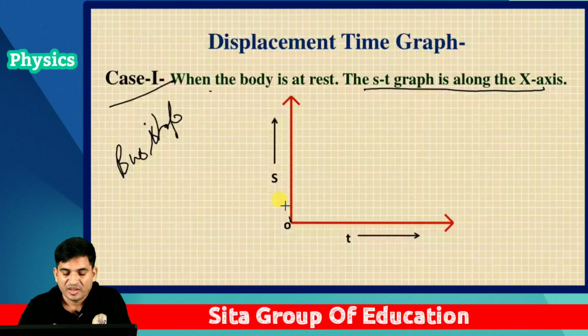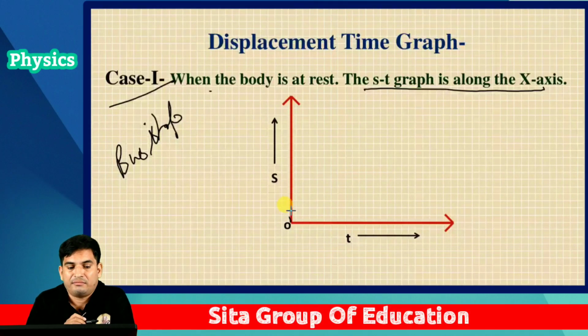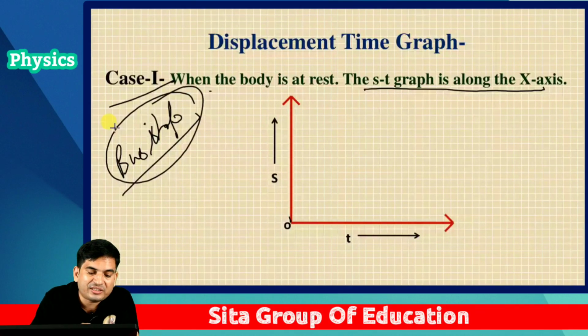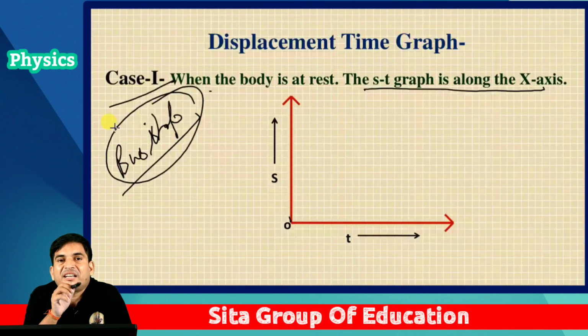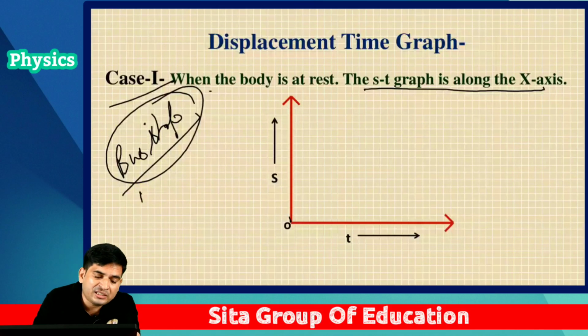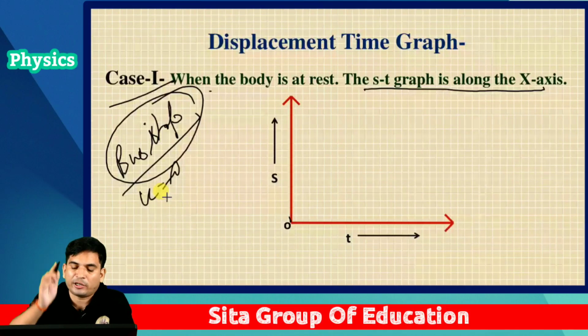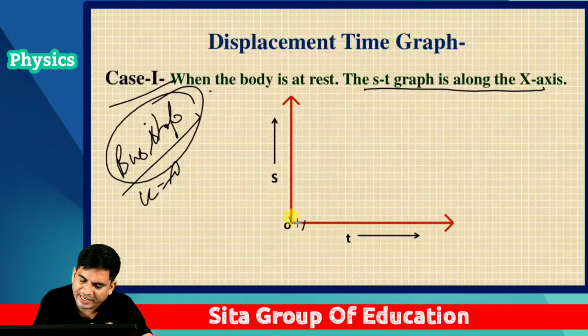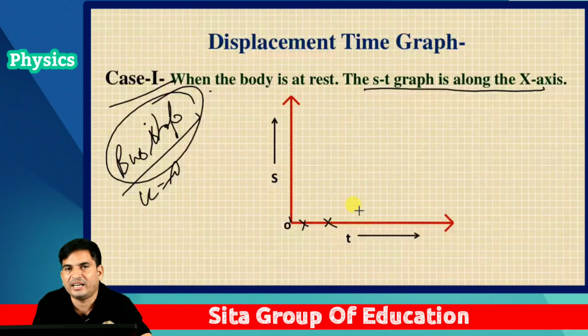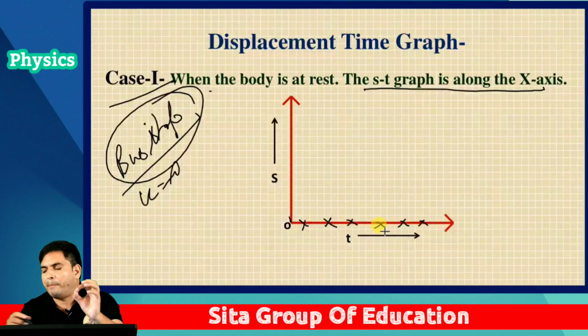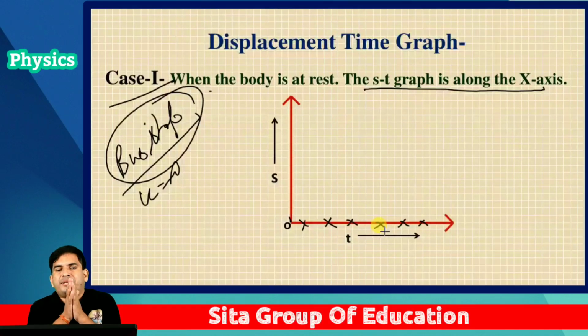O is the origin. The position of the object is here. It means a bus stop. You have seen the buses stopped, at rest in position. It means initial velocity is 0, not moving. With time passing, time is 1 second, 2 seconds, 3 seconds, in this way time passes, but the position of the object does not change.